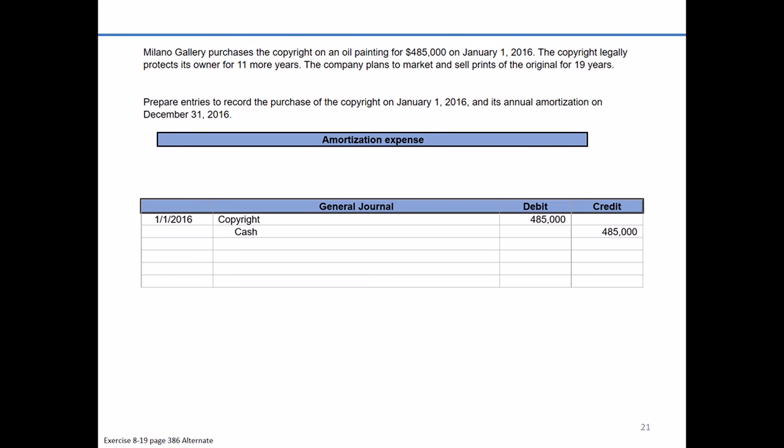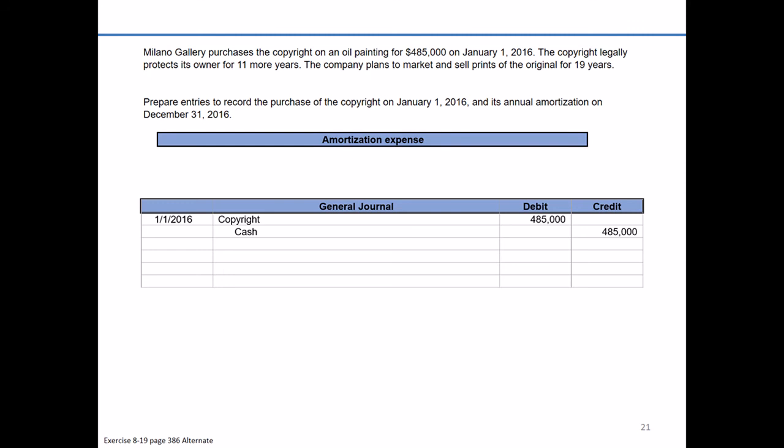What we do is record the item at cost and then annually we test it for impairment. Now, impairment might sound like a scary word. That just means, is that item no longer worth the book value, or what we currently have on the books? If it's no longer worth that, then we need to go ahead and record a loss for that.